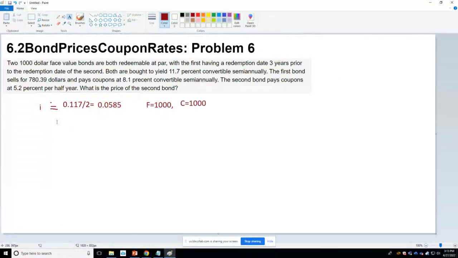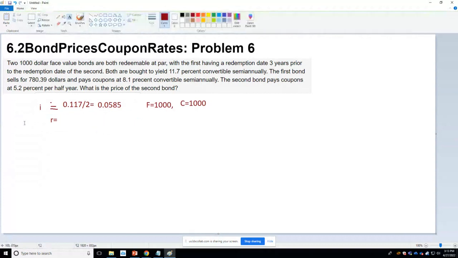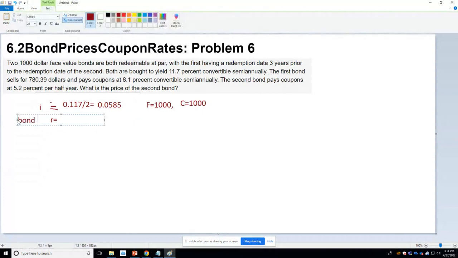So then the R, which is the coupon rate, is 8.1% convertible semi-annually. That's for bond 1. So this has 0.081 divided by 2.